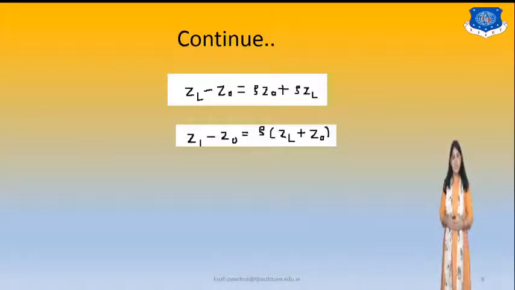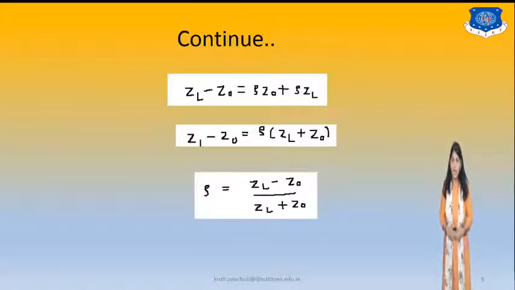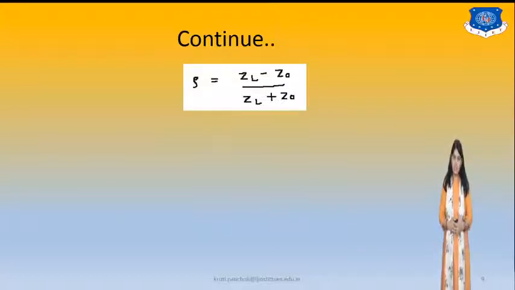So ZL minus Z0 is equal to, taking rho common, rho in bracket ZL plus Z0. This way we can write the equations by understanding the concepts and put it into the formula: rho is equal to ZL minus Z0 upon ZL plus Z0, where ZL is the load impedance and Z0 is the characteristic impedance. So rho is equal to ZL minus Z0 upon ZL plus Z0.